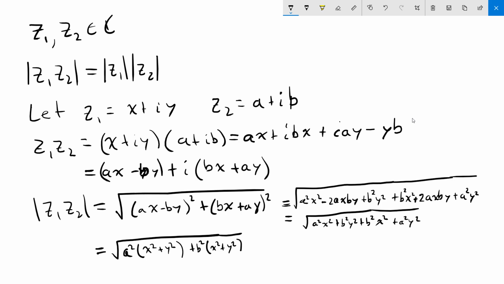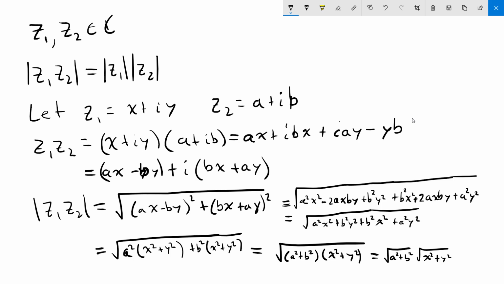Okay, so we've got an x squared plus y squared in both of these, which means we can factor out the x squared plus y squared. So we get the square root of (a squared plus b squared) times (x squared plus y squared). And since we've got two things that are multiplied together, we can separate them under a square root. So if you write this as the square root of a squared plus b squared, you can probably see where this is going, times the square root of x squared plus y squared.